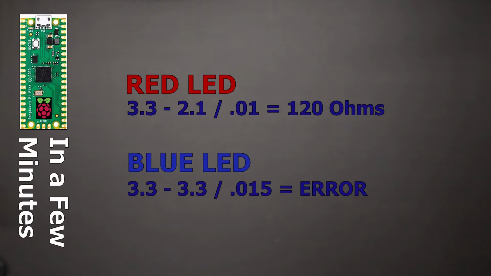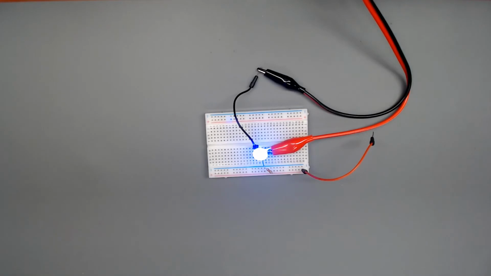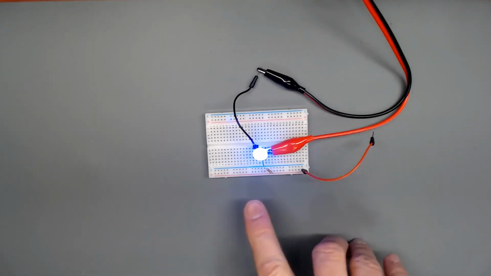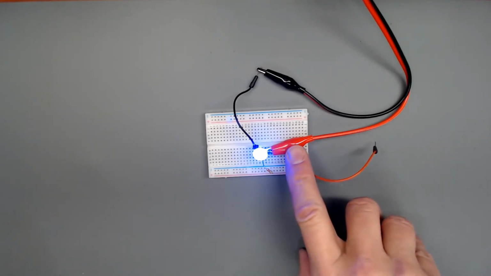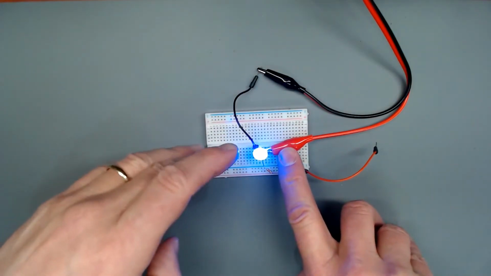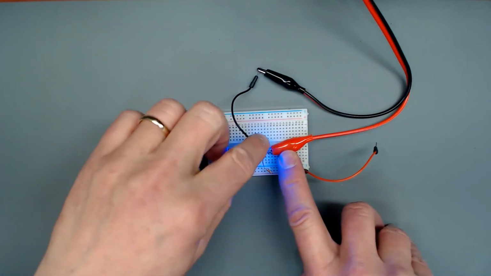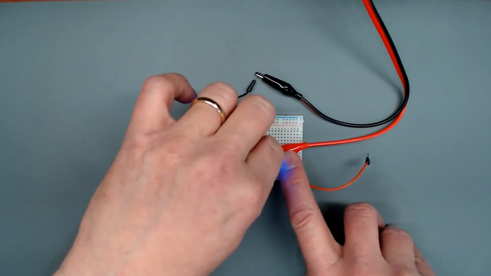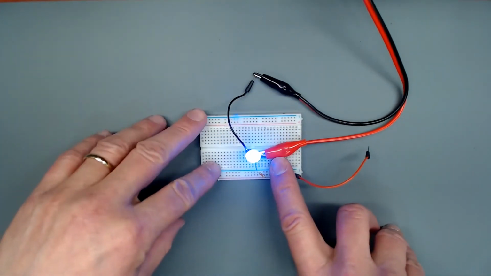Well, technically, as I'll show you over here on the bench, my power supply is set at 3.3 volts, and you can see that the current being output is 30 milliamps. We go down to my test circuit, and you'll see I've got the positive lead going into the long leg of the LED, ground going to the ground side of the LED, and it's running at a very comfortable temperature.